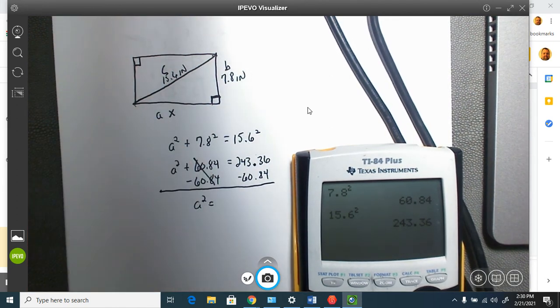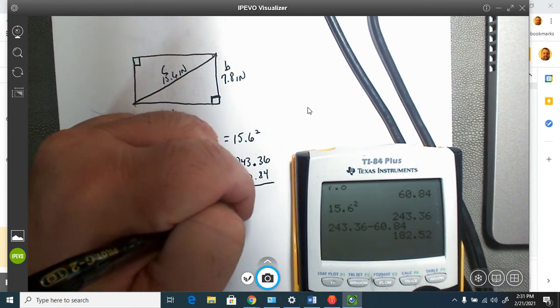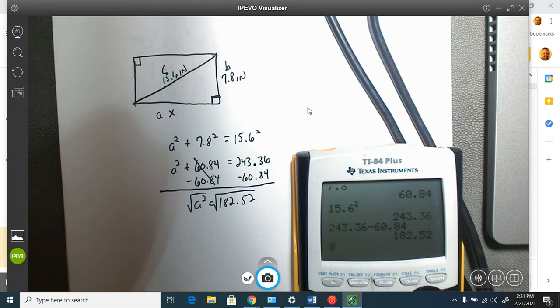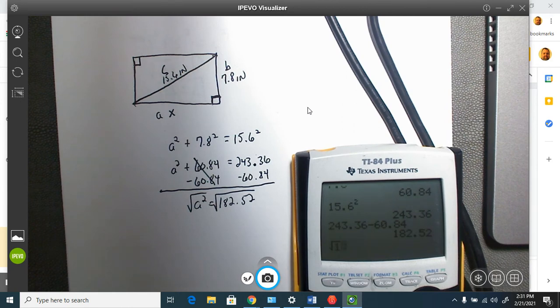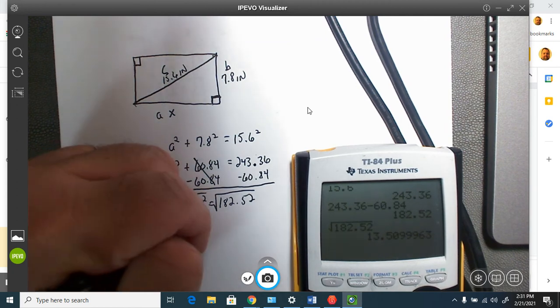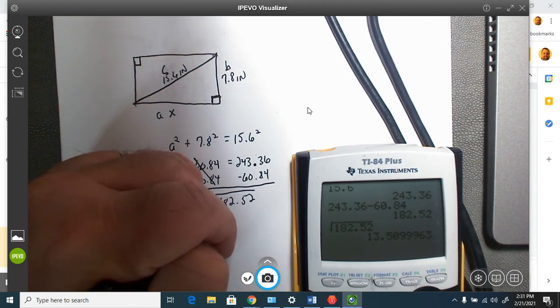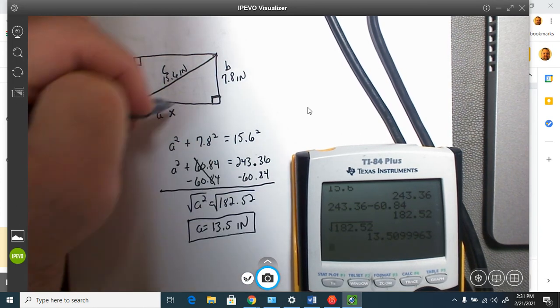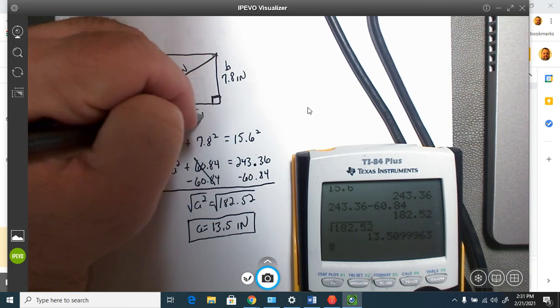A squared equals 243.36 minus 60.84, 182.52, and then take the square root of that. So the square root of 182.52. So the width is 13.5 inches. So this equals 13.5 inches.